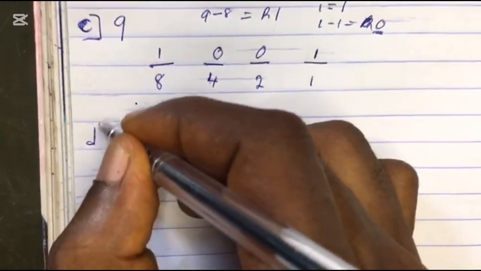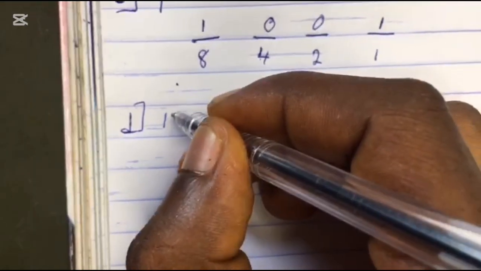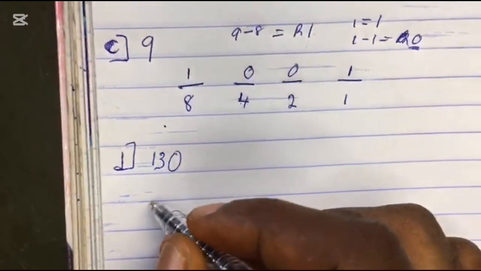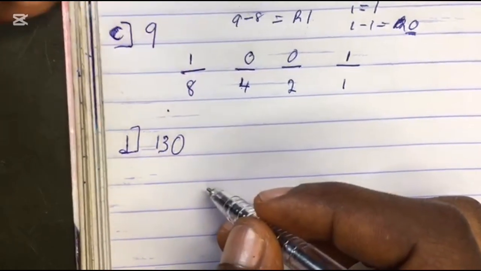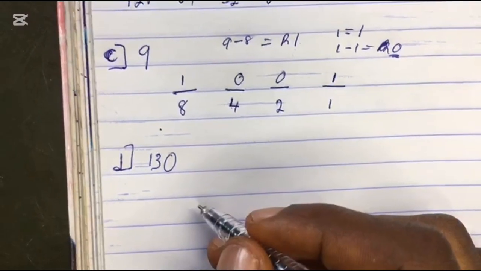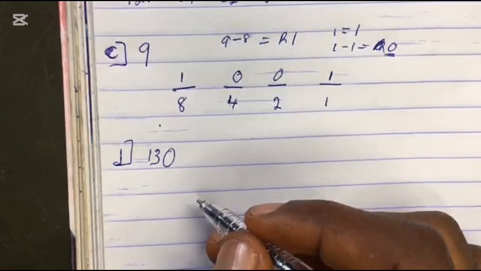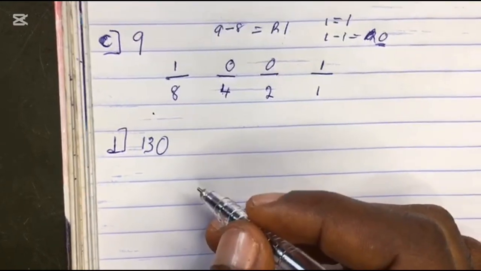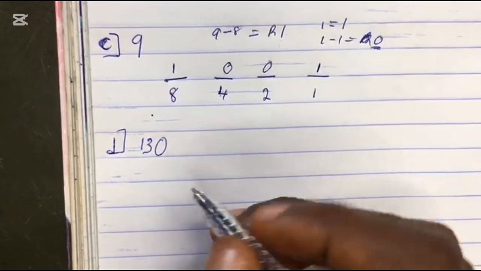Then move to the next, which is D. For D, the decimal number is 130. So for 130, 128 is for 8 bits. And the next is actually a greater number, it's going to give us 0, so we don't need it. So what we need is just 8 bits, 8 dashes.